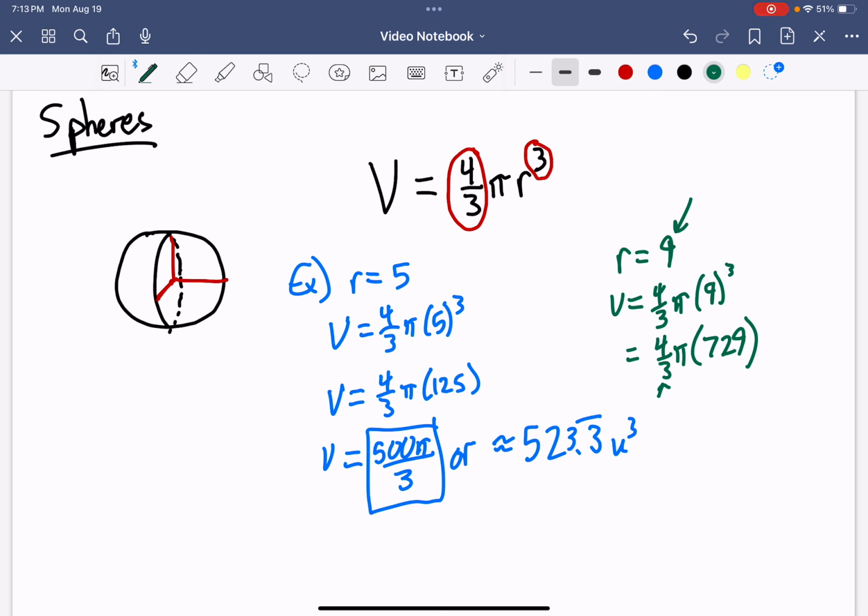And when we do that, 729 divided by 3, we end up getting 243. So every now and then the 3 will go away. So we have 4 pi times 243, times that by 4, and here our exact answer would be 972 pi units to the third. So just be mindful of that. If you have a multiple of 3, your 1/3 will disappear.